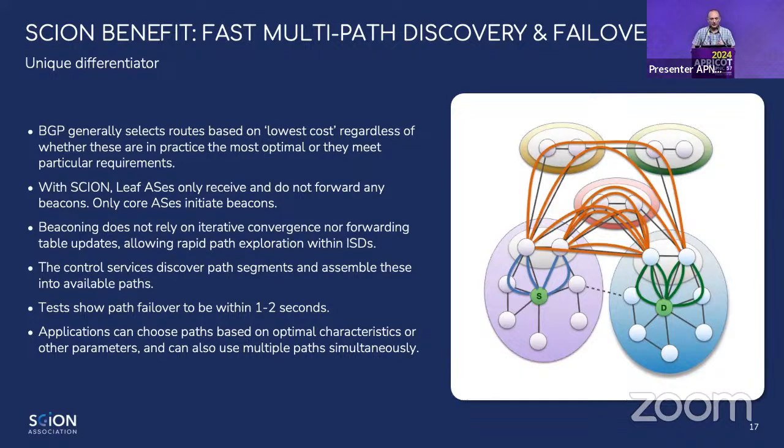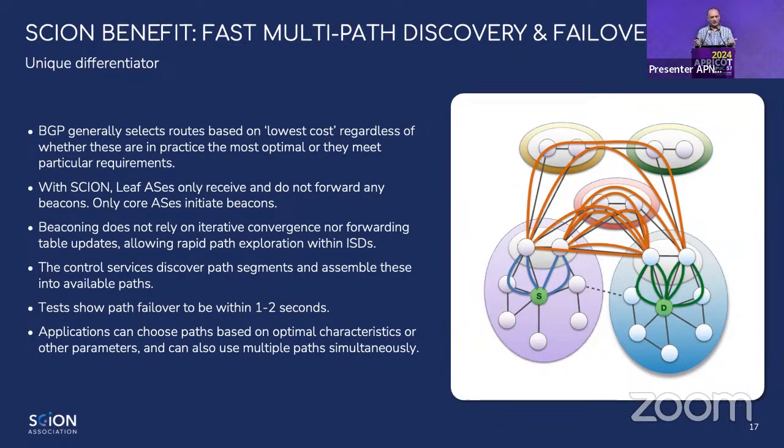Because of the way that the beaconing works and the way that the path segments are stored and constructed, it doesn't rely on iterative convergence or forwarding table updates. So it does allow this faster path exploration, so in principle you can switch paths, or actually use multiple paths across the network, very quickly.